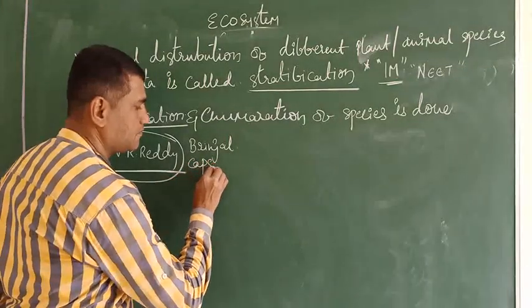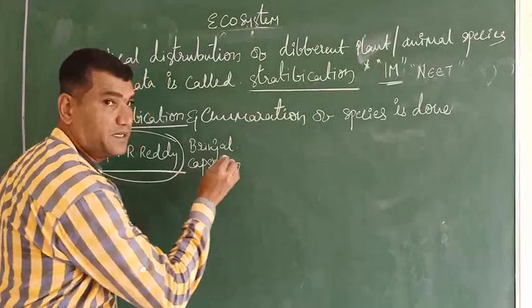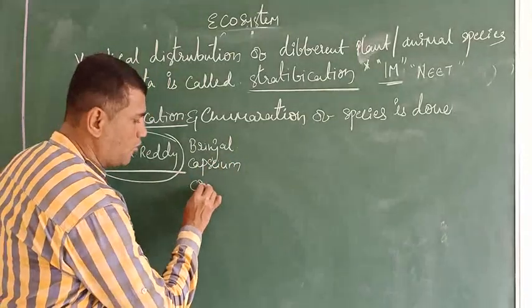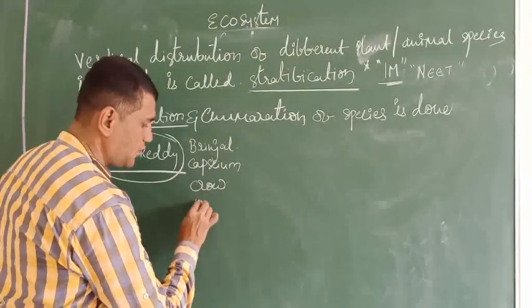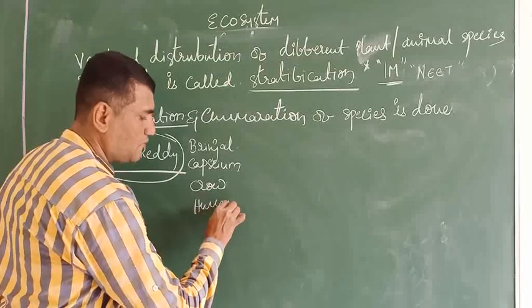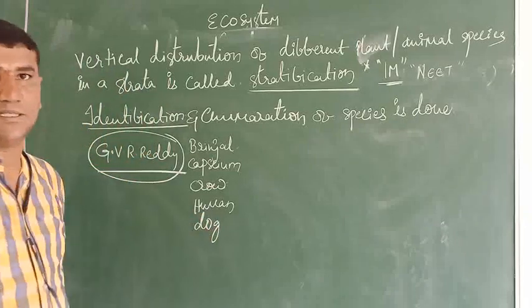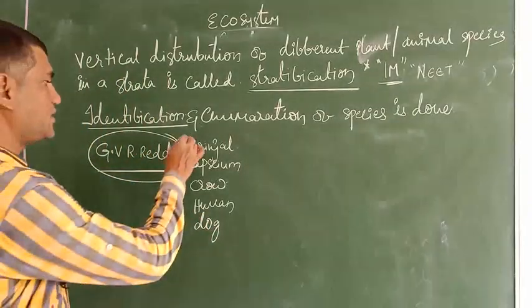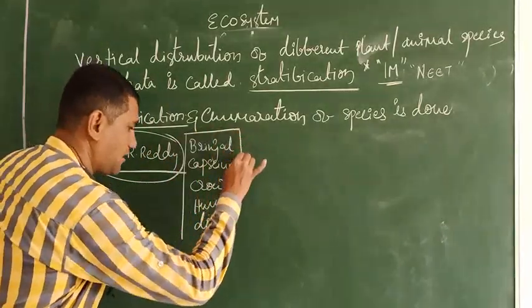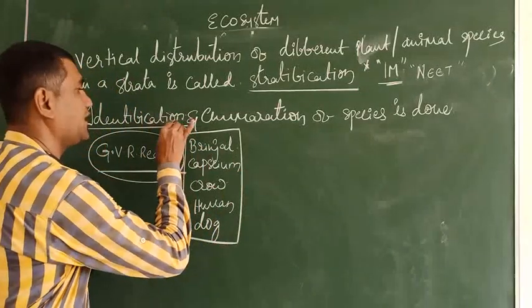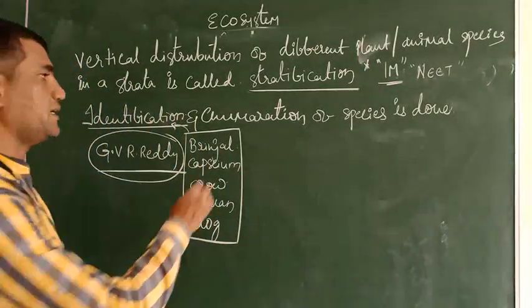Capsicum, one species. Crow, one species. Human, one species. Dog, one species. So this is called identification.